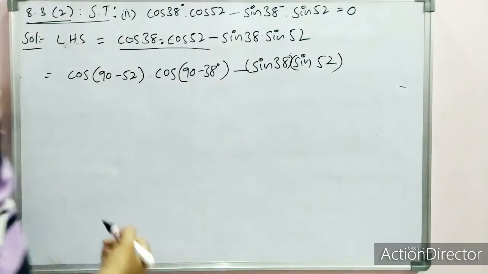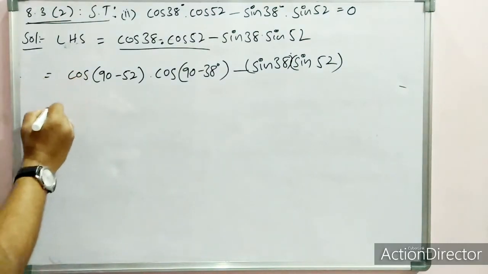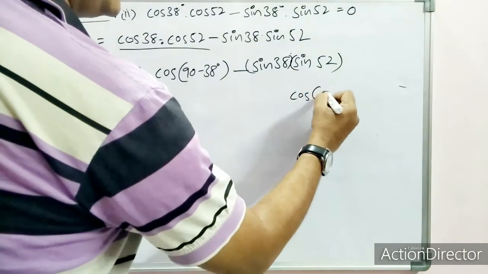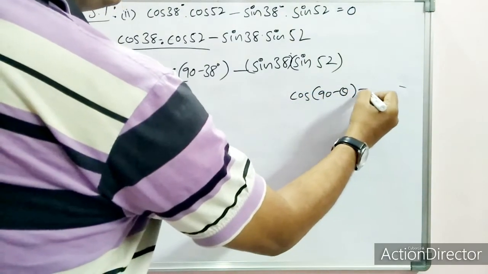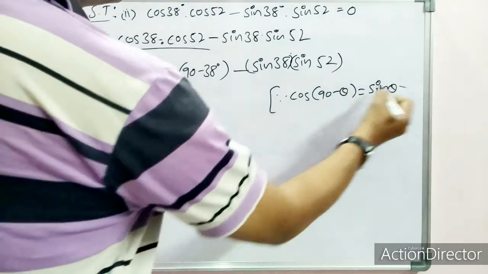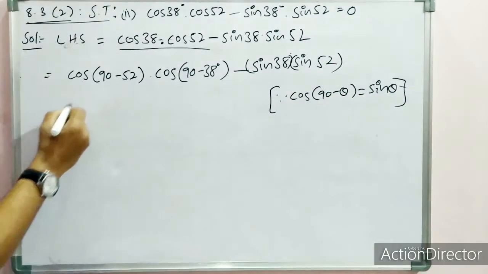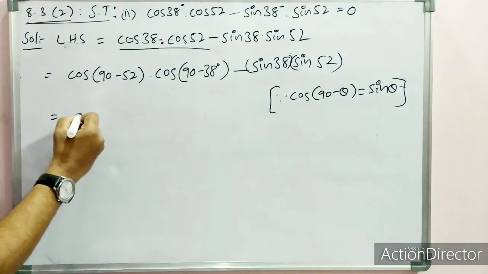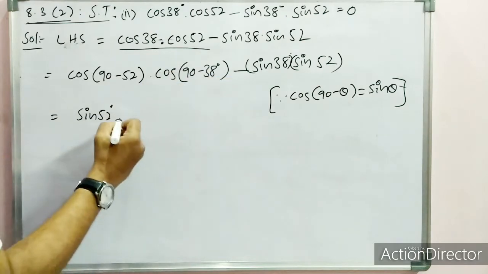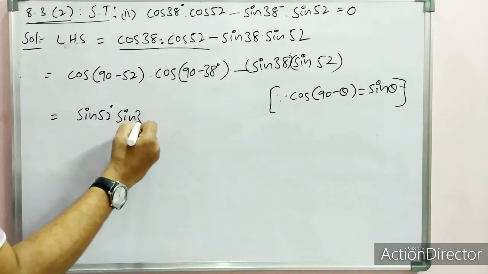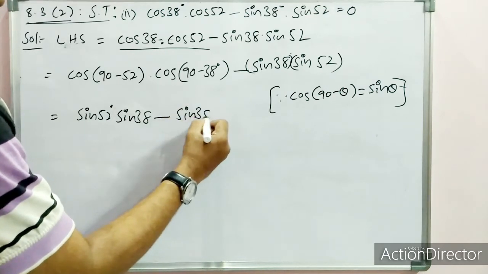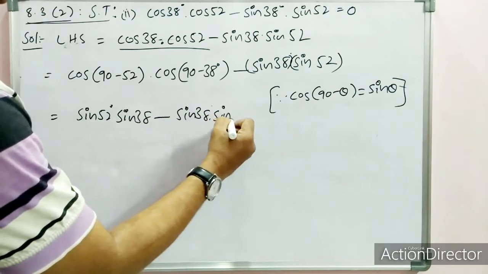Don't get confused. Now we have a formula, by the complementary formula cos 90 minus theta will become sin theta. So by using this formula, I can write cos 90 minus 52 as sin 52 and cos 90 minus 38 as sin 38, and the second part you write as it is, sin 38 and sin 52.